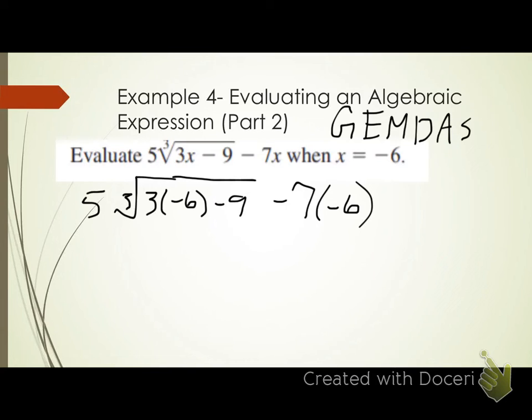Do you have any grouping symbols? Yeah, I'm going to consider my cube root a grouping symbol, especially if it's got a lot of operations going on underneath it. So let's simplify everything that's under my radical using our order of operations. So once again, we're using our order of operations within our order of operations.